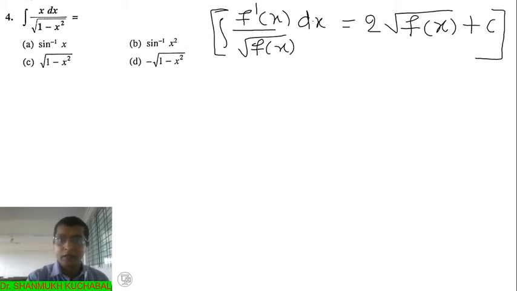That is the root of the denominator's derivation. If it is present in the numerator, then we can write this as 2 times root of f of x.